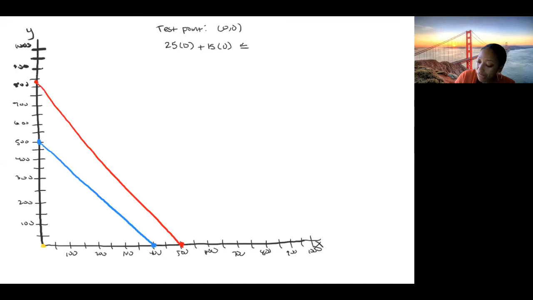That should be less than or equal to 12,525. Is this true? Yeah, that is true. And the other one was 50 times 0 plus 40 times 0 should be less than or equal to 20,000. Is this true when we plug in 0, 0? Yes, 0 is less than or equal to 20,000. So what does this mean?